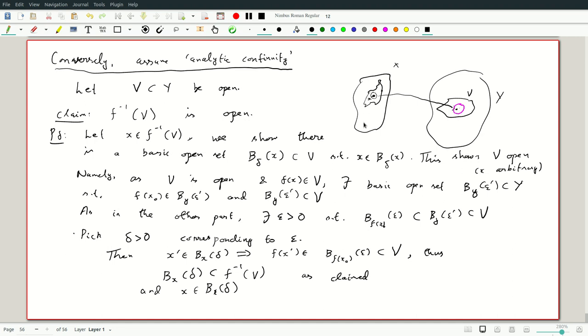So again, to choose the epsilon, we have to adjust the ball a little bit in the domain. This will justify defining what we mean by neighborhood basis, and seeing that balls around the point are actually a neighborhood basis. But nevertheless, we have proved that analytic continuity is the same as topological continuity.